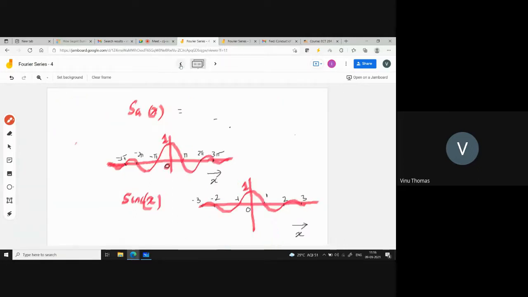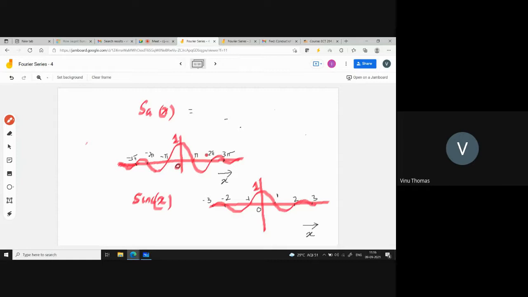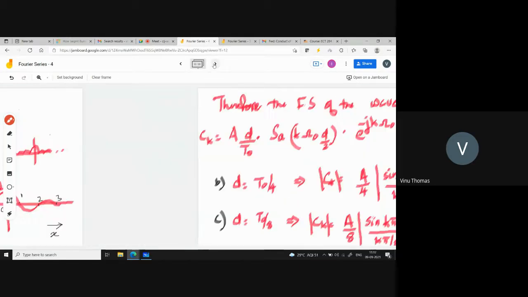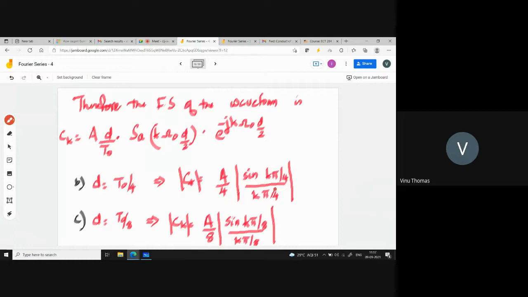When you take the magnitude, all of these come upwards. If I take the magnitude, this negative part also will go upwards. So A by 4 sin k pi by 4 by k pi by 4, where d is equal to t0 by 4, so d by t0 becomes 1 by 4.